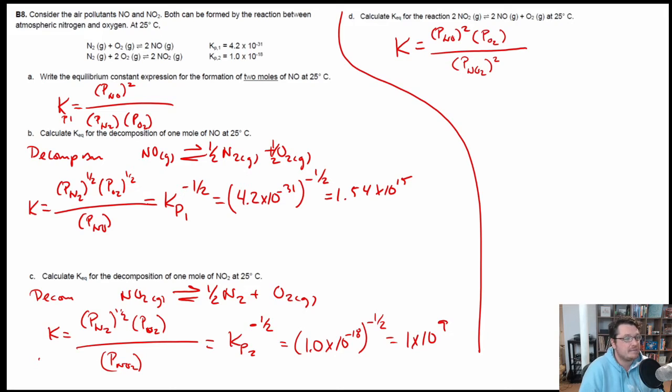That basically comes out to being the decomposition reaction of NO2 times the equilibrium expression for the formation of NO gas.